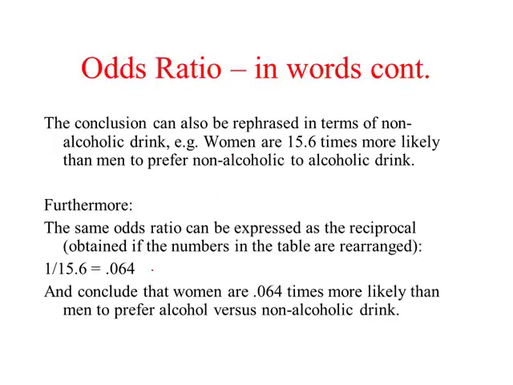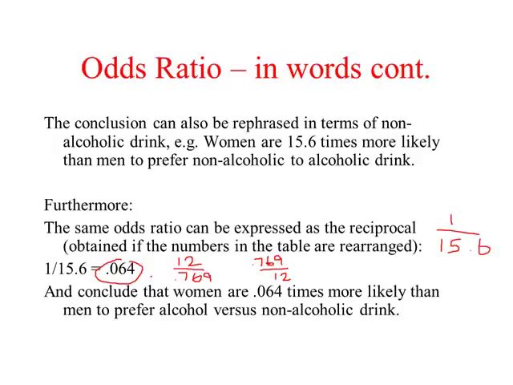We can also switch around the order of our ratios. If we take the reciprocal, which simply means 1 divided by our odds ratio, 1 divided by 15.6 works out to 0.064. So this is the same as if, instead of doing men divided by women, we did women divided by men; this is the value that we would get instead, 0.064.